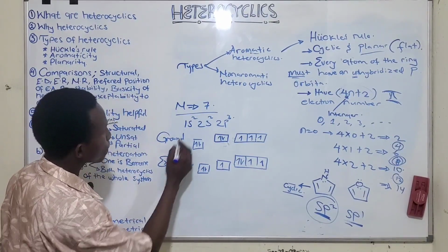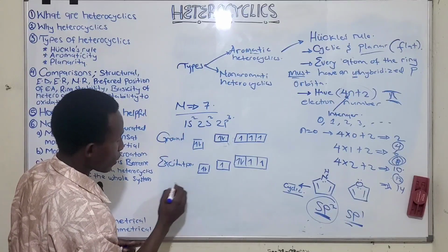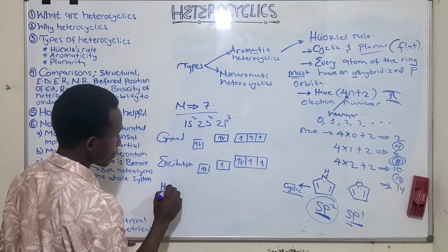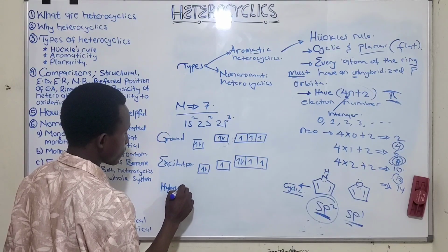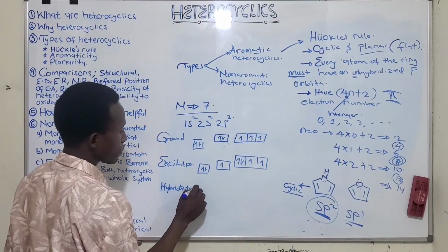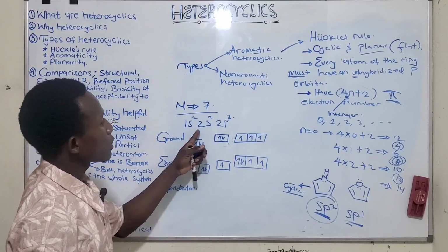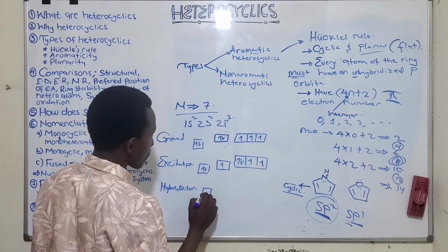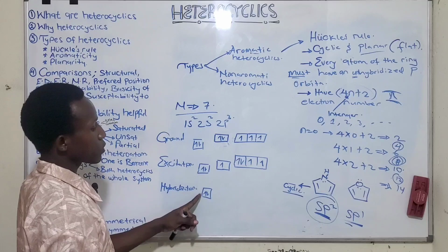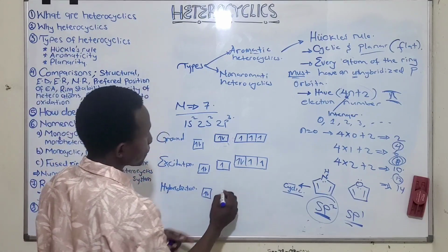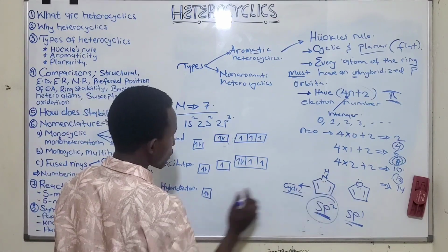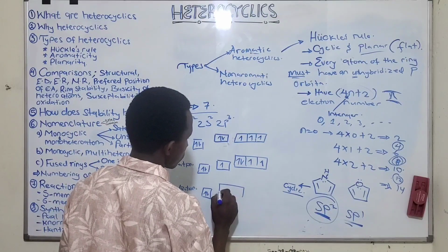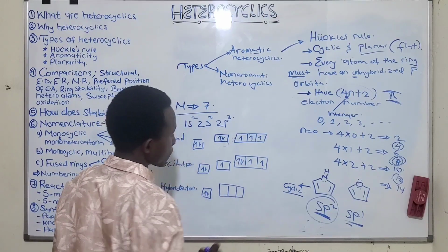Now, when it comes to hybridization, for this N, we shall have 1s2. Then for nitrogen, we shall form this.